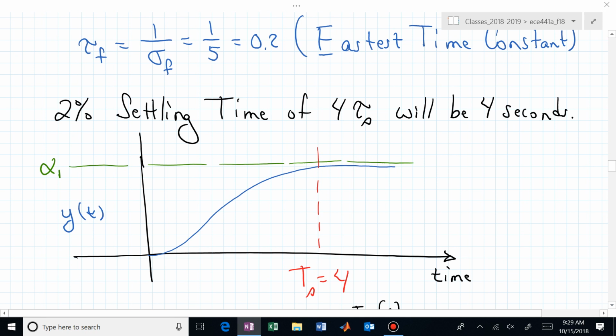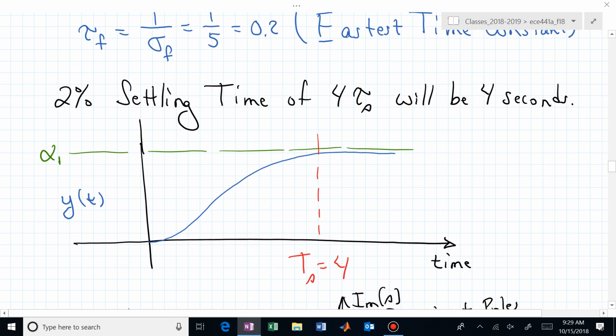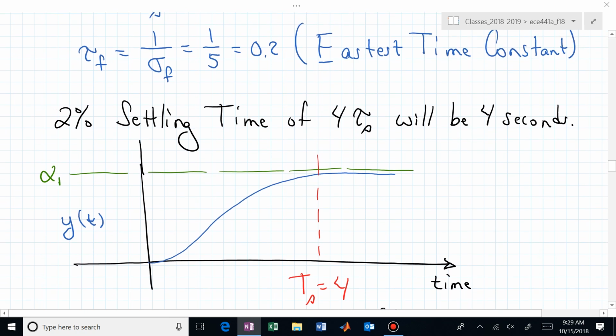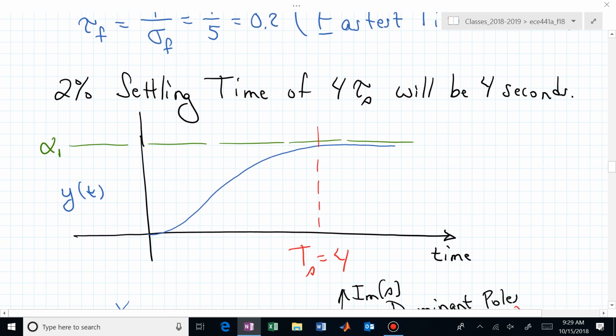And now you could even sketch the transient behavior of your response and show that if you wanted a settling time of 4 seconds, oh, I'm sorry. You can now show that for this particular system, you actually have a settling time of 4 seconds because that's 4 times your slowest time constant.